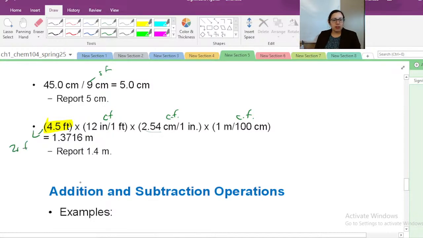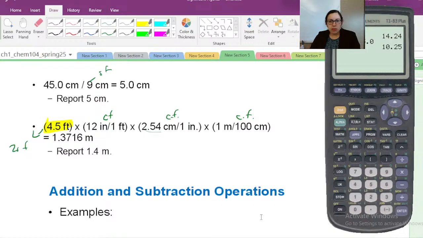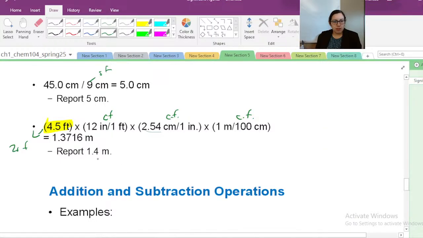So that's 2 sig figs. And then we can do all the punching in the calculator, just for formality's sake, so we're all on the same page. The calculator spits out that, and then we have to round it appropriately to 2 sig figs.